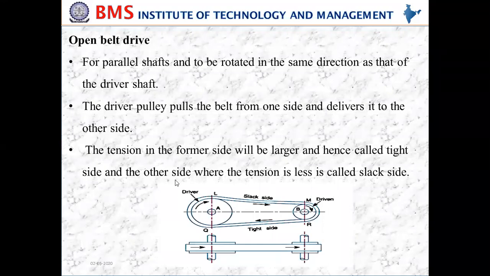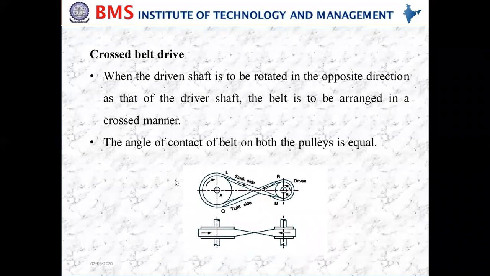Whereas in the case of the cross belt drive, look at the direction of the driver pulley and the direction of the driven pulley: both are moving in opposite directions. So depending on the requirement, whether I have to move both pulleys in the same direction or in opposite directions, I can go for the different types of belt drive, the open belt drive or the cross belt drive.